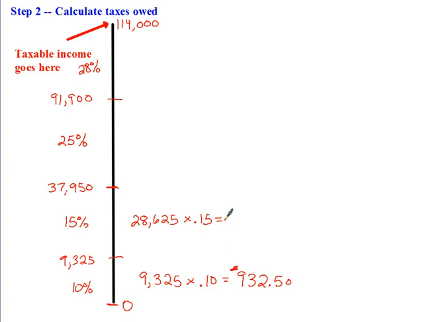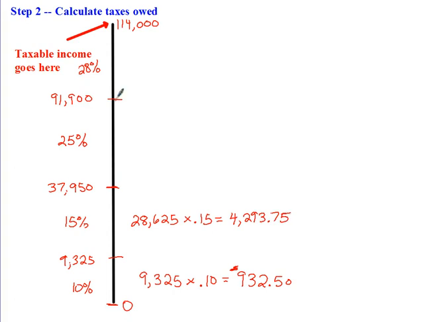And so we got to multiply that by 0.15. Sorry, I just lost it. Let me redo that. $28,625 times 0.15. So that's another $4,293.75.